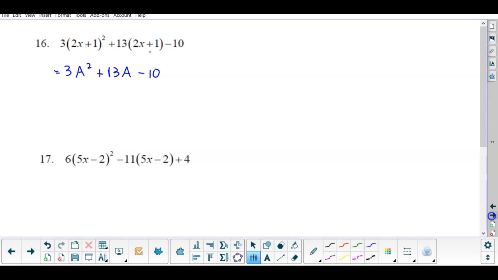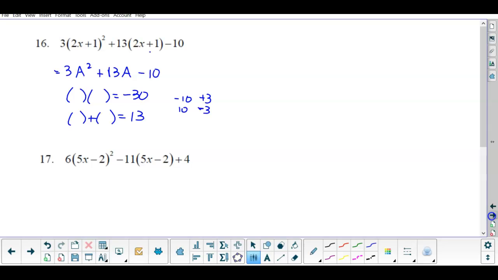3 is not common. So then I want to think about, okay, two numbers that multiply to negative 30 and add to 13. So you're probably thinking, okay, negative 10 and negative 3, or it would have to be positive 10 and negative 3.